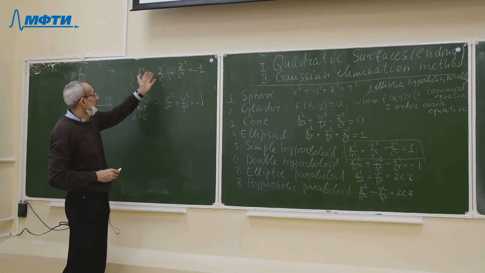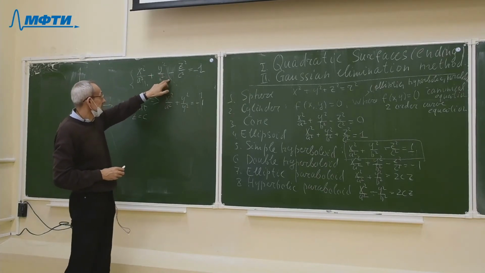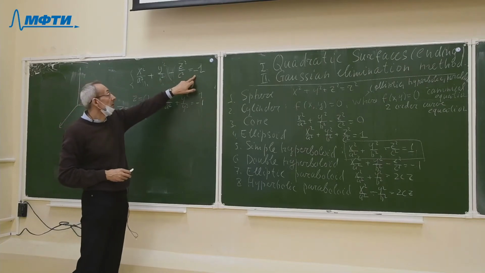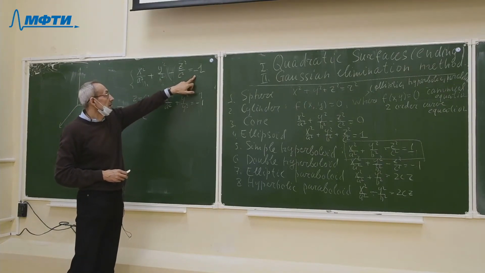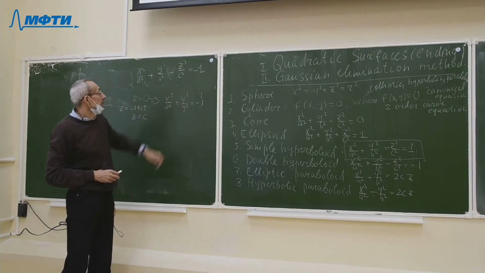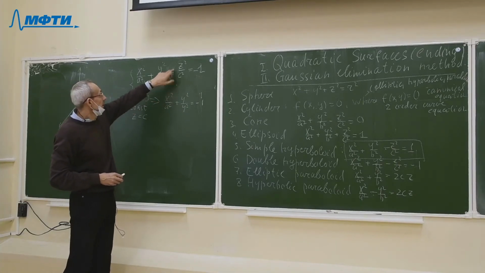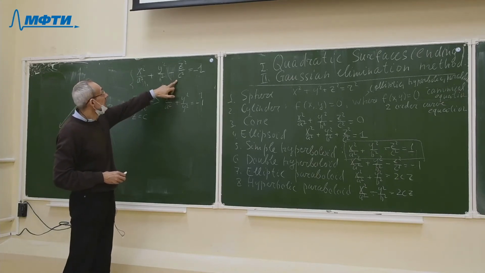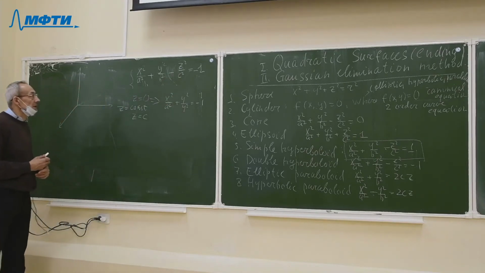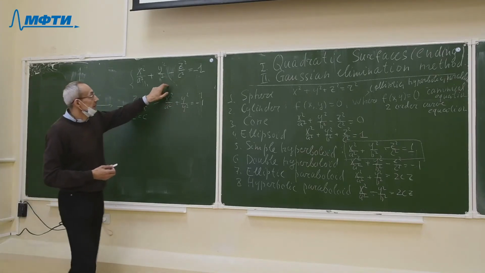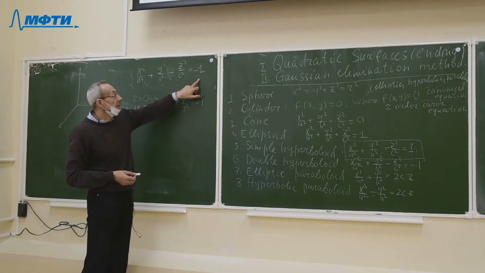And if we transfer to the right side, we will obtain numbers which are less than 0, negative numbers. But in the case when z is equal to c, we obtain that this term is equal to 1, and after transferring to the right side, we obtain that the sum of these terms is exactly equal to 0.